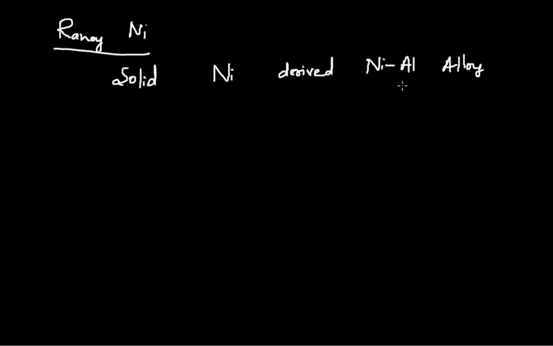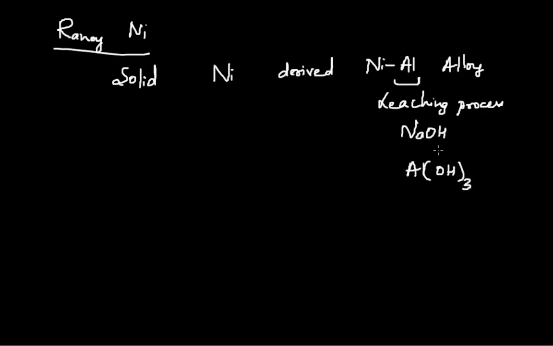The aluminium from this alloy is separated by a leaching process. When you leach it with sodium hydroxide, aluminium hydroxide is separated out, and what you get is a solid.